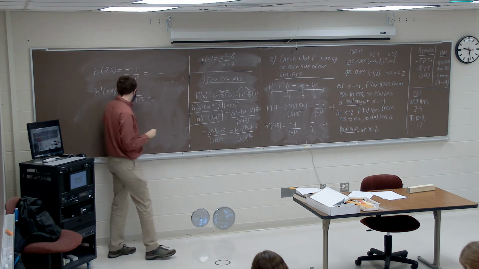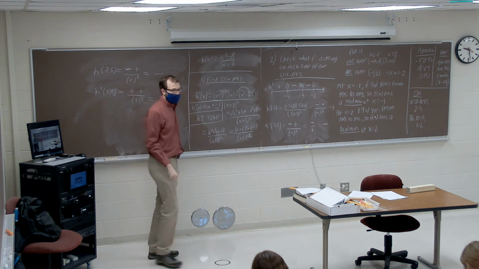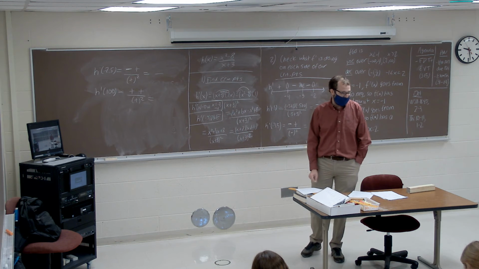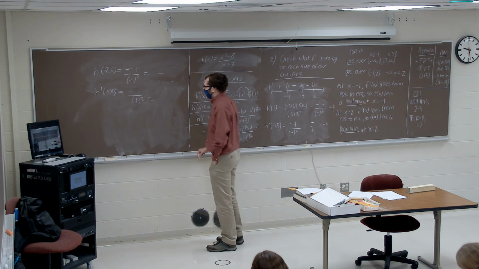So if we have a positive thing times a positive thing divided by a positive thing squared, Laura, what's that going to come out to? Something positive or negative in the end? Positive.